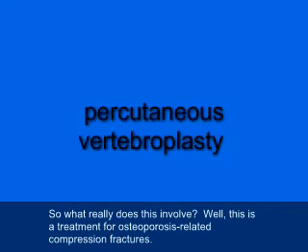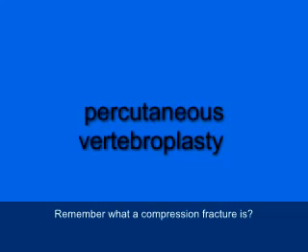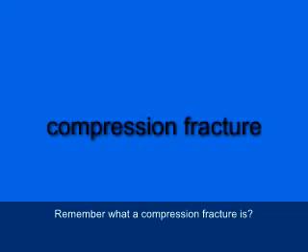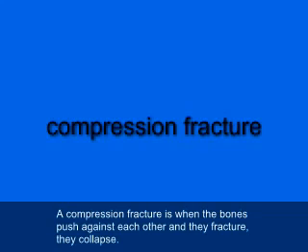So what really does this involve? Well, this is a treatment for osteoporosis-related compression fractures. Do you remember what a compression fracture is? Well, a compression fracture is when the bones push against each other and then they fracture or collapse.